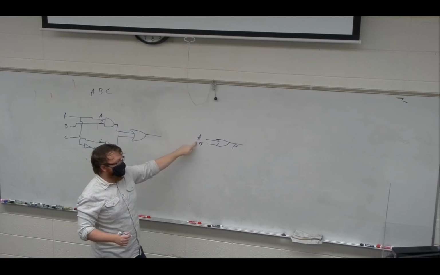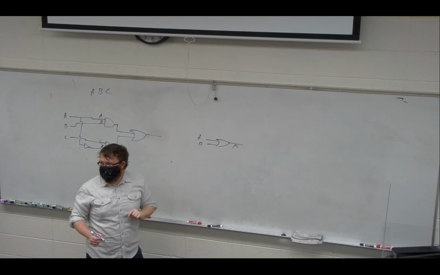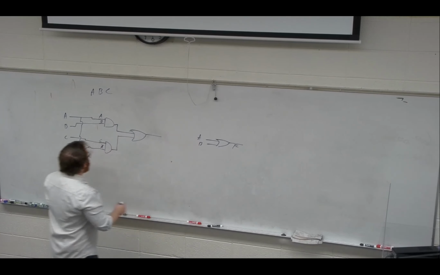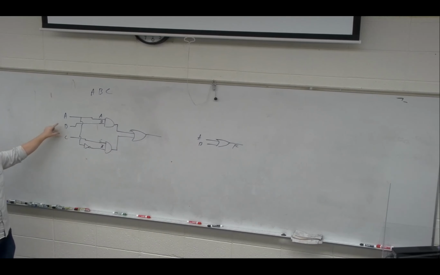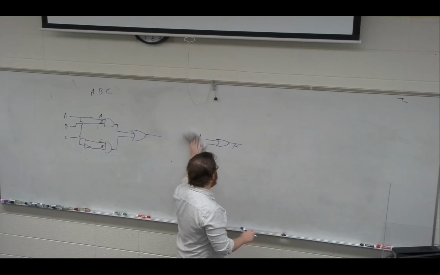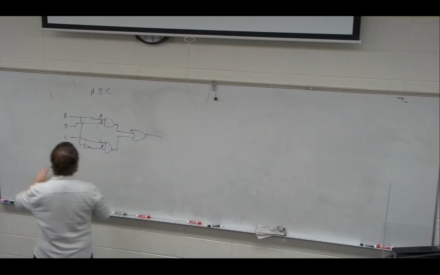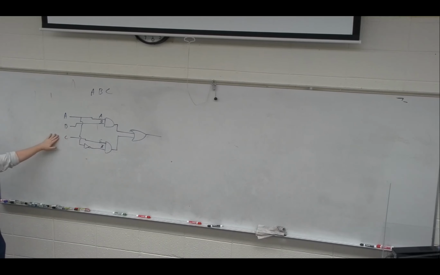So in this case, it is not sensitive to A. If B and C are both 1 here, the output of the circuit is sensitive to A, right? And we can then go on and realize essentially what could happen, right? So if B is 1 and C is 1, we're now sensitive.